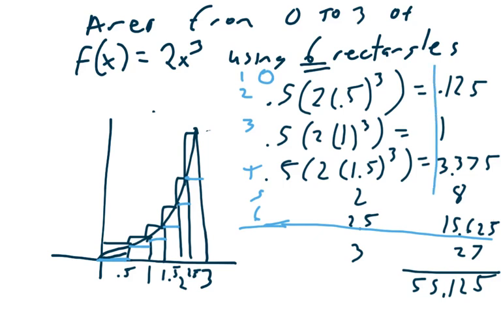When I add these 5 plus 0, the answer turned out to be 28.125. This answer is too low, and the other answer is too high, so we have to get the answer that's somewhere in the middle, and that's what the next example is going to be for.